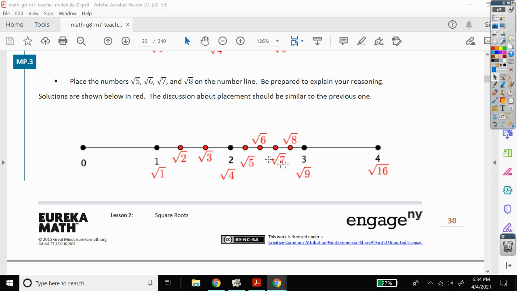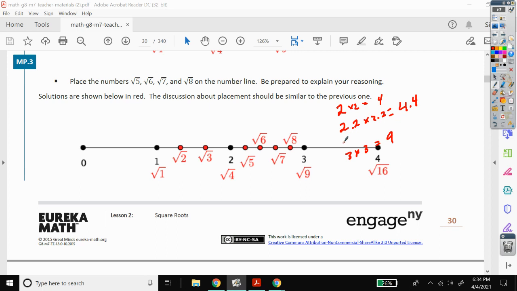And you can figure that out. You can play around with a calculator and try it. 2 times 2 is 4. 3 times 3 is 9. So let's say 2.2 times 2.2, what would that be? That would be 4.84.